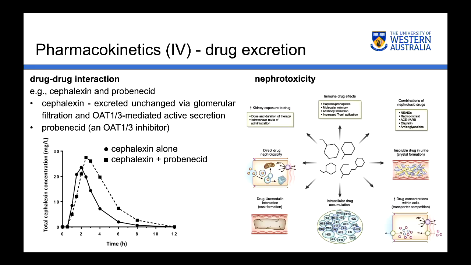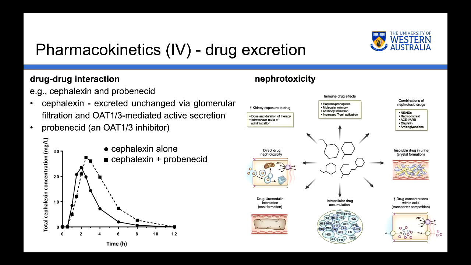Now I'm going to use an example here, cephalacin. It's an antibacterial drug, belonging to the cephalosporin class. And probenecid is actually another example of a pharmacokinetic enhancer. Now you will see here again the plasma concentration of cephalacin in the presence and absence of probenecid.